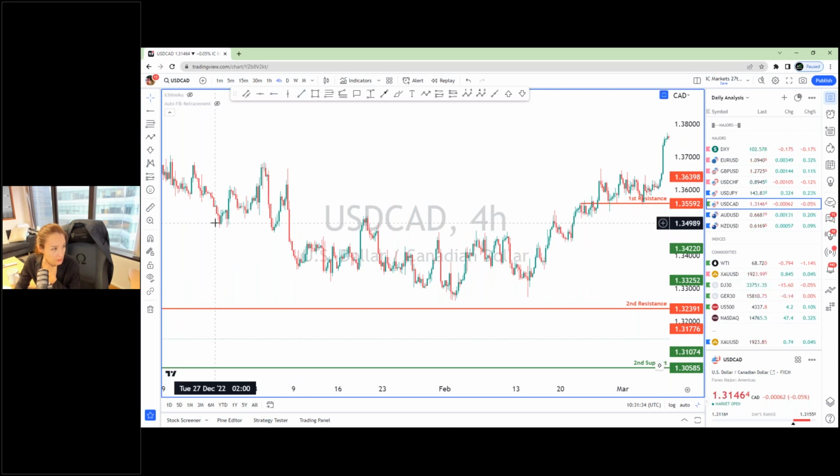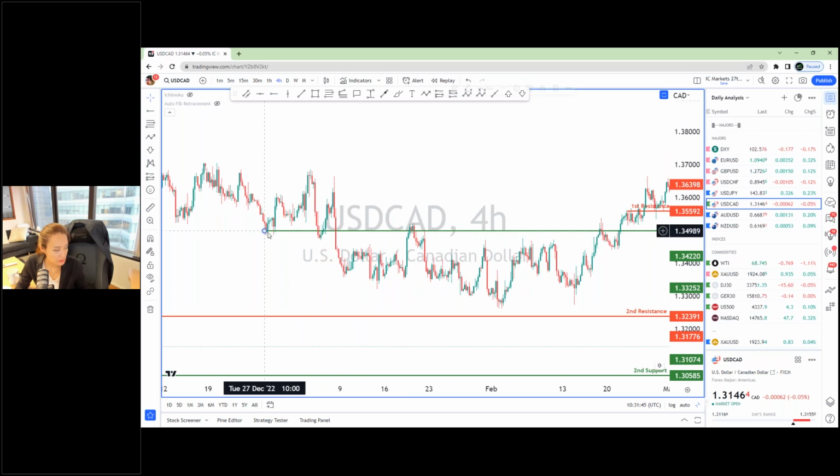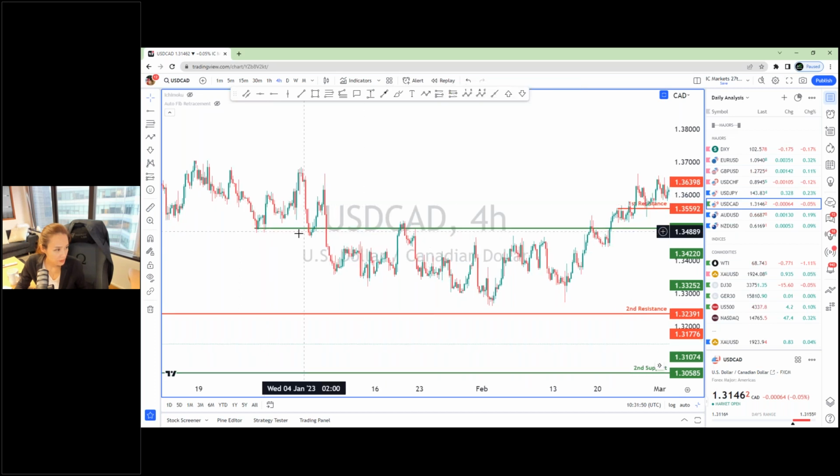For example here, one last example, this is the resistance zone, right? This is support become resistance.